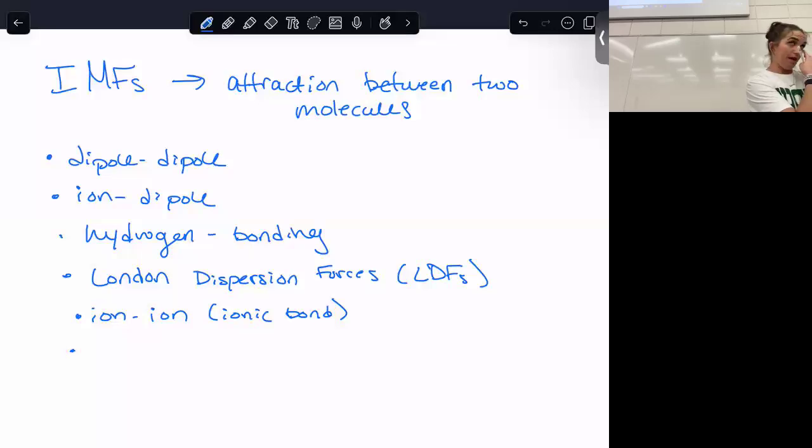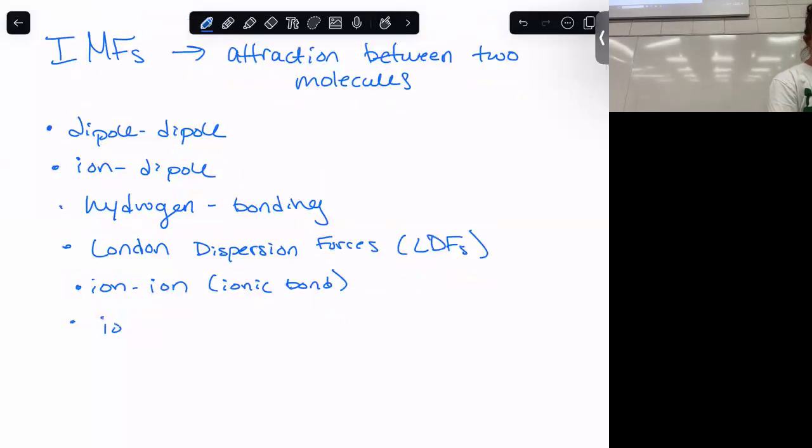That will be a group of them, so we'll show you what is the group of them. Anything else? So there's a category that is an ion-induced dipole or a dipole-induced dipole.